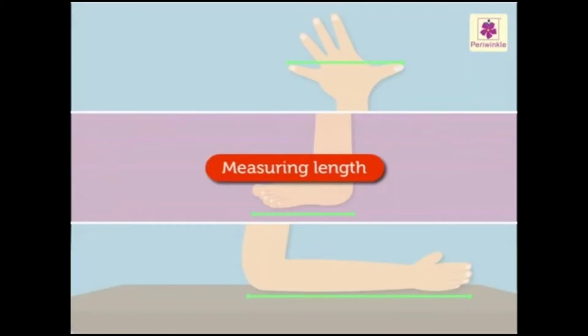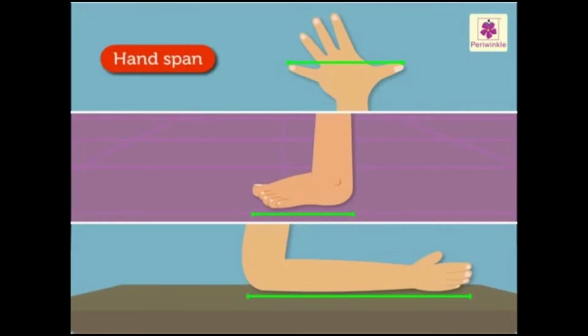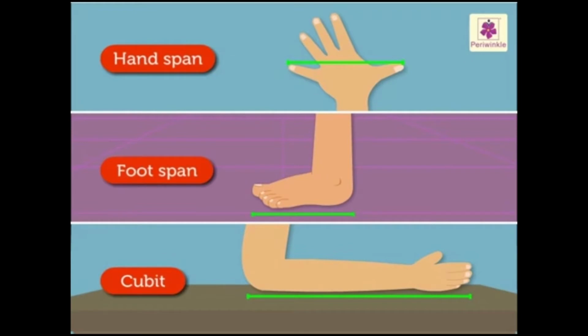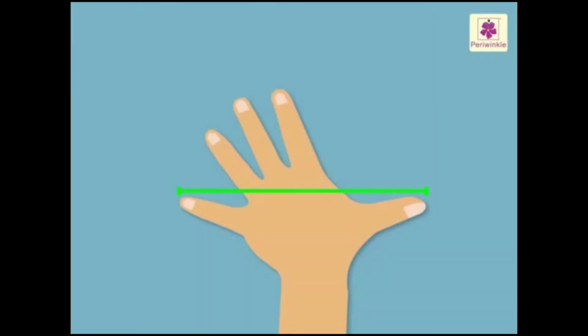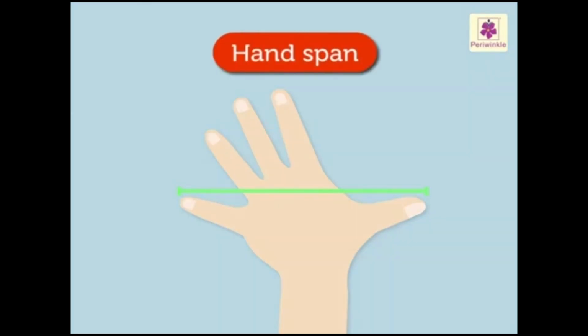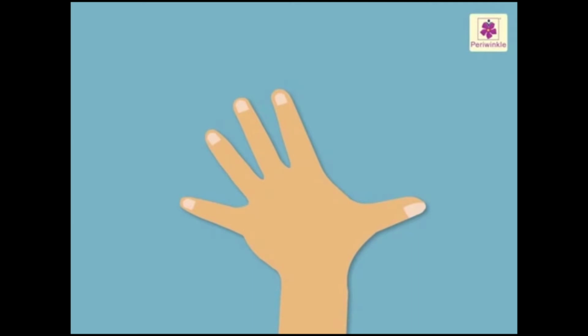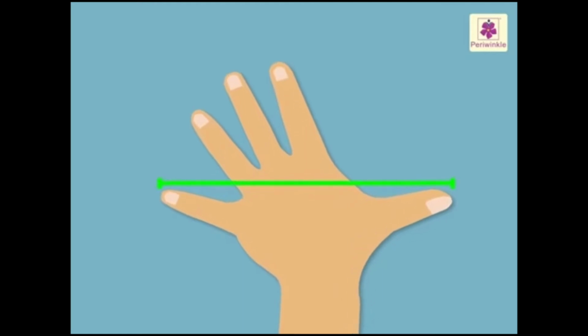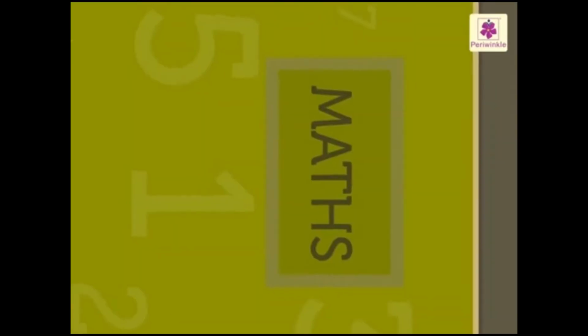Measuring length. We can use the handspan, the footspan, or the cubit to measure smaller lengths. What do you mean by handspan? Handspan is the distance from the tip of the thumb to the tip of the little finger on an outstretched hand.